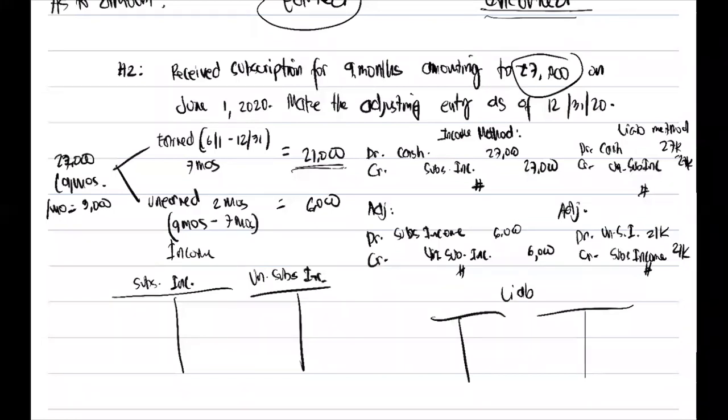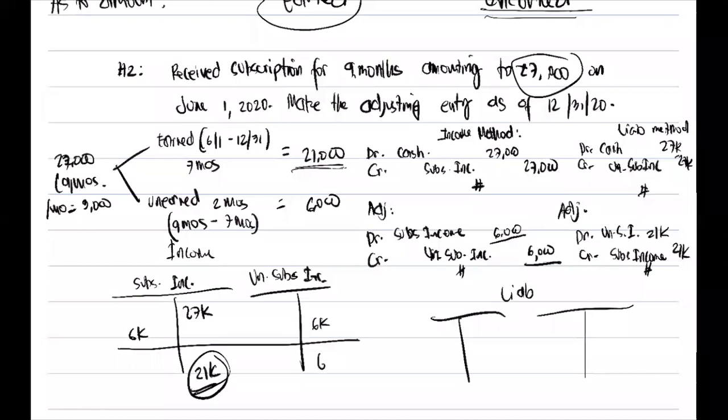On your subscription income, initially it was recorded at 27,000. And then your adjusting is debit to subscription income, and a credit to unearned subscription income. So what are the balances? The balance of your subscription income is 21. Your balance of unearned subscription income is 6,000.